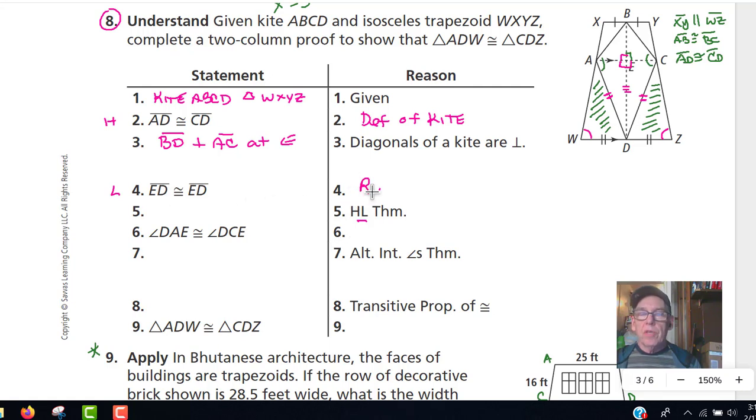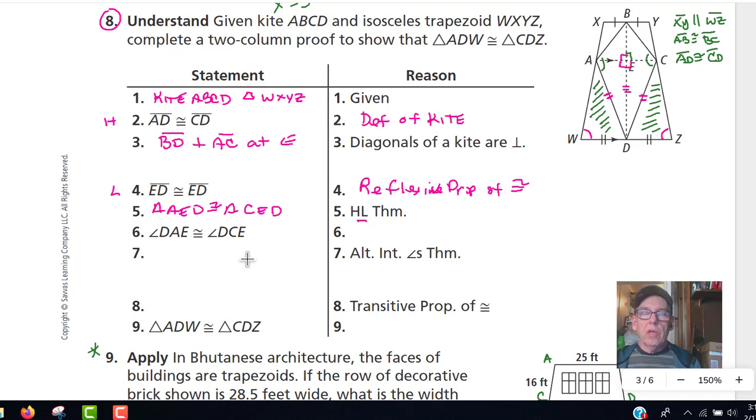So this is reflexive property, ED congruent to itself. Reflexive property of congruence. Something's congruent to itself. By hypotenuse leg, then, we can say that triangle AED is congruent to triangle CED.